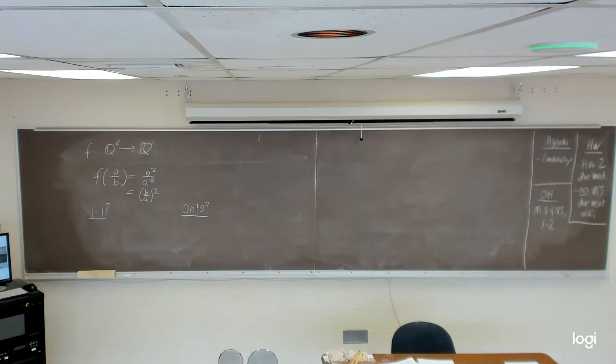A squared over a squared. When you take the square root, you have to put plus or minus.